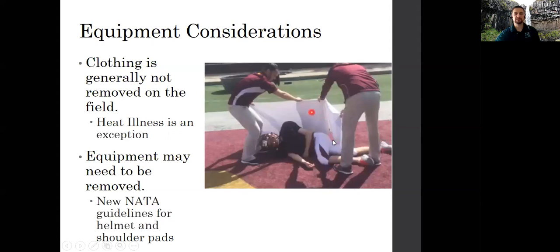So the only reason, you can see in this picture here, they're draping towels is so that they can use a rectal thermometer, because that is the most and only accurate measurement of core temperature we have in the field setting. Temporal scanners, axilla, under the tongue, those thermometers are usually off by a few degrees.